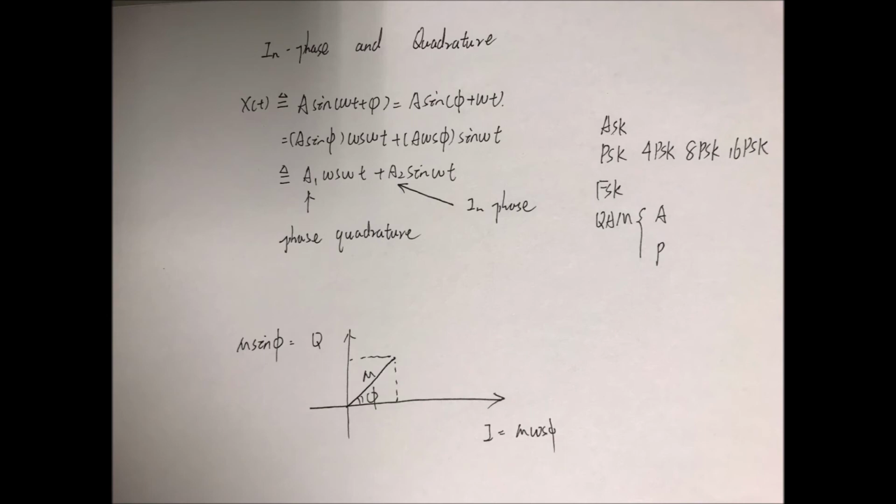If you have 4 PSK, 8 PSK, or 16 PSK, or even more, that means you have to change your phase from 0 to 2 pi. You have 4 choices, 8 choices. And QAM will change both amplitude and phase. So how can we change my phase in order to transmit digital signal? We use the IQ channel.